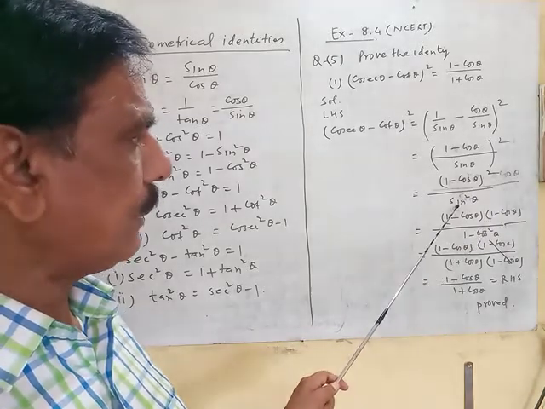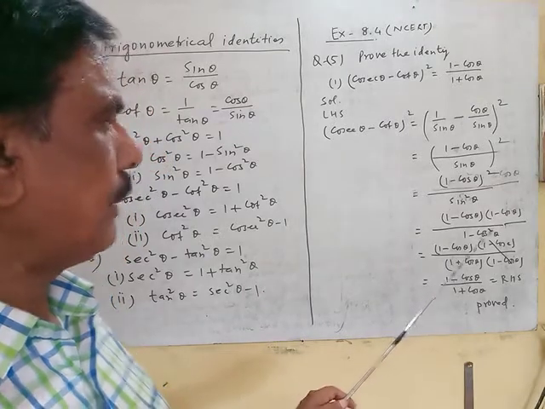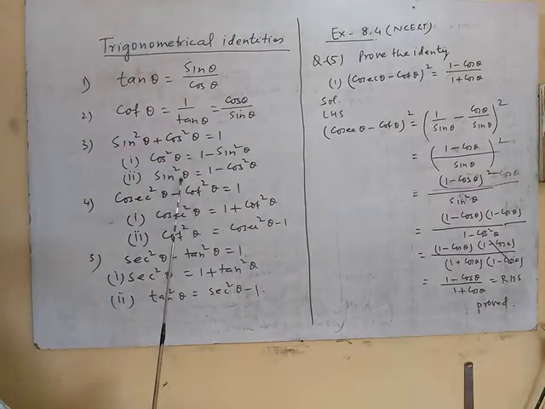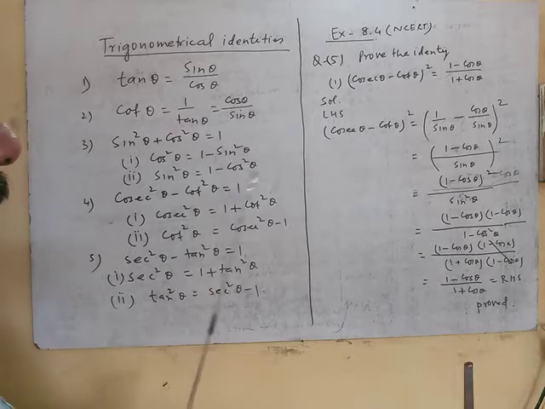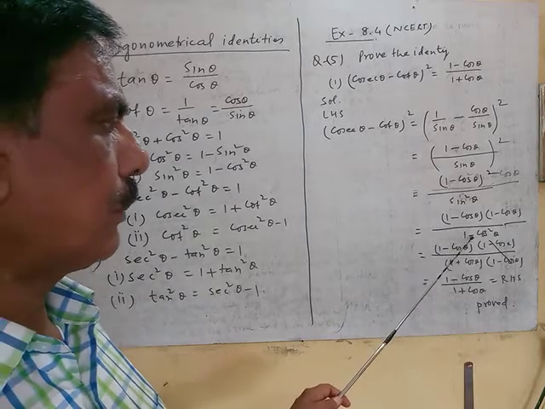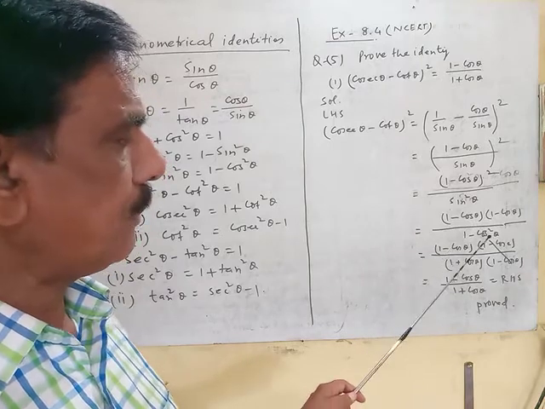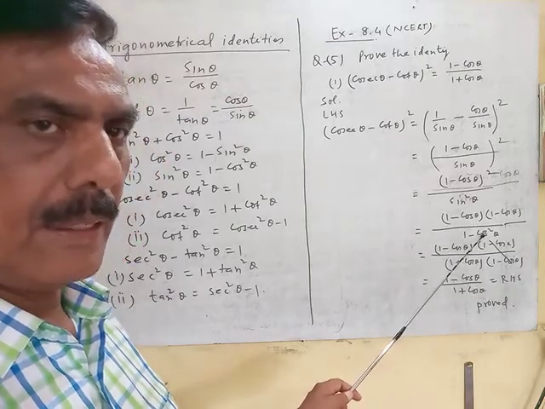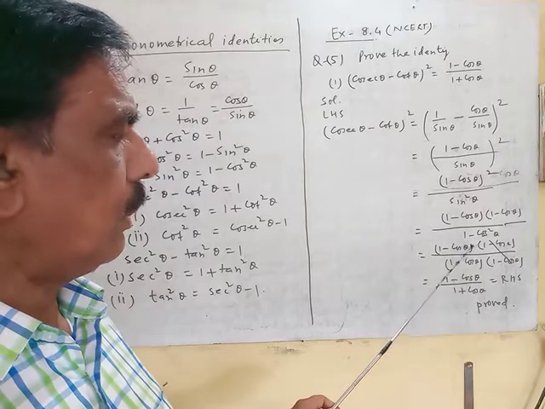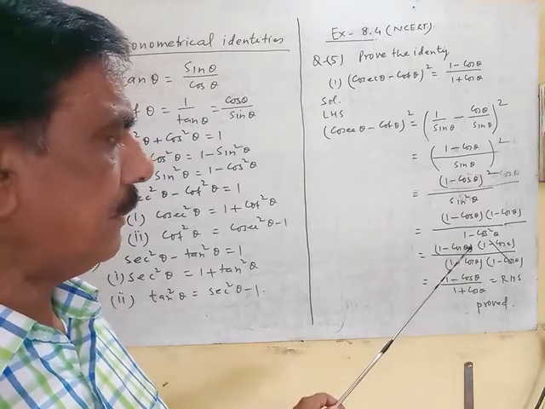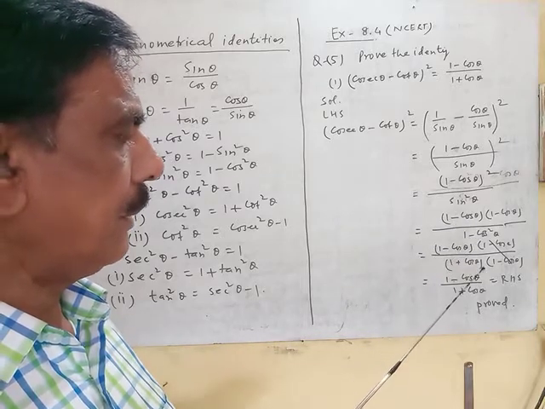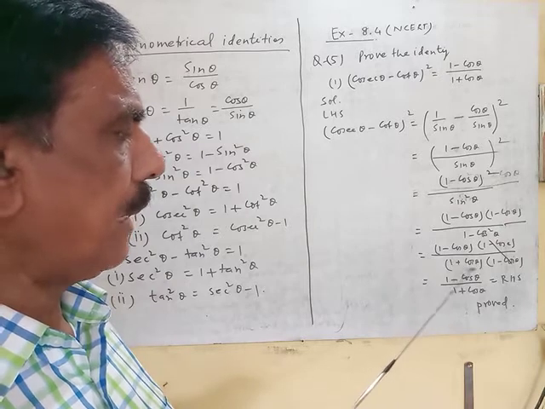Now sin square theta you can write as 1 minus cos square theta, and this is based on the a square minus b square identity. So this I have written in the form (a plus b) and (a minus b).